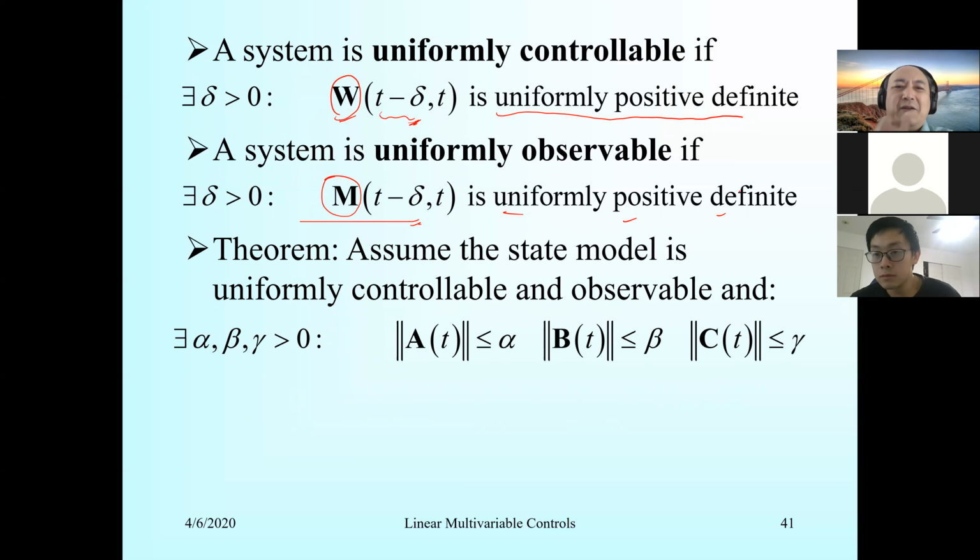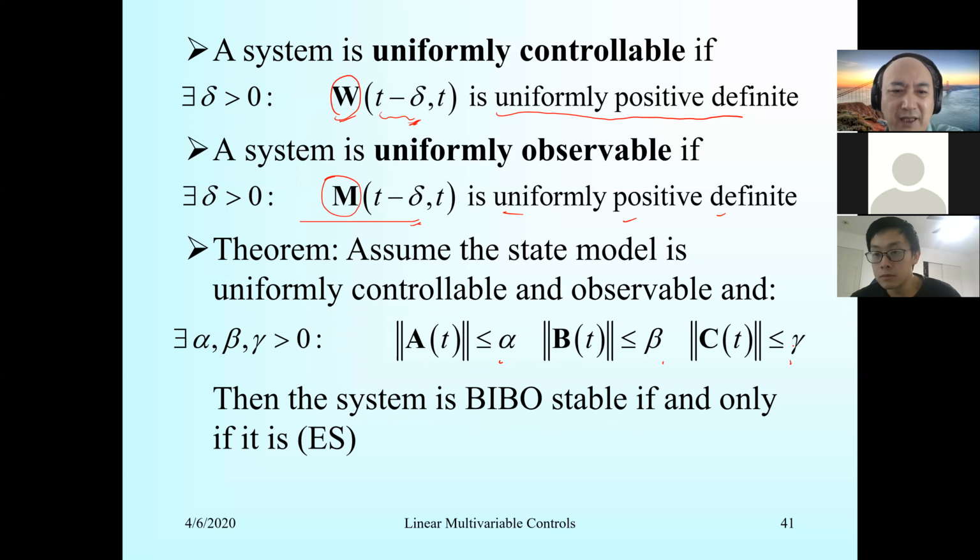Okay, now assuming that the state model is uniformly controllable and uniformly observable, and A, B, C are all bounded by alpha, beta, gamma, then the system is BIBO if and only if it is exponentially stable.